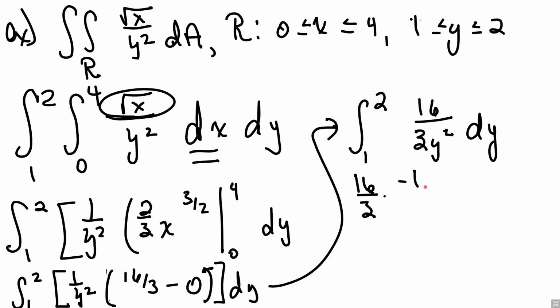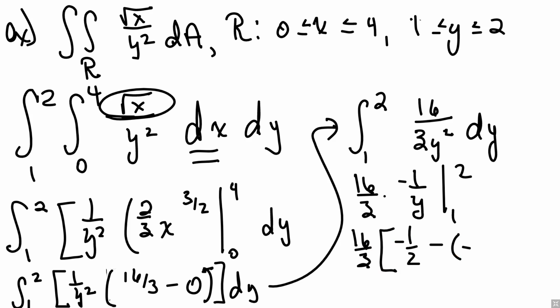Okay, so we're going to have negative 1 over y, and then we're going to evaluate that from 1 to 2. So we're going to have 16/3 times, at 2, negative 1/2, minus at 1, negative 1. So we're going to have 16/3 times, so what's negative 1/2 plus 1? Positive 1/2.